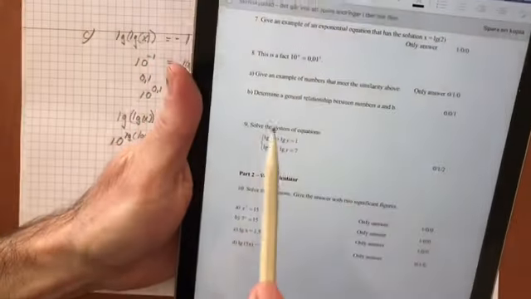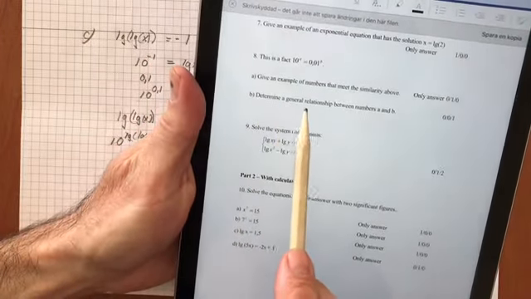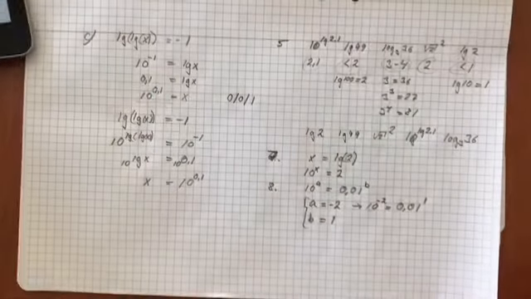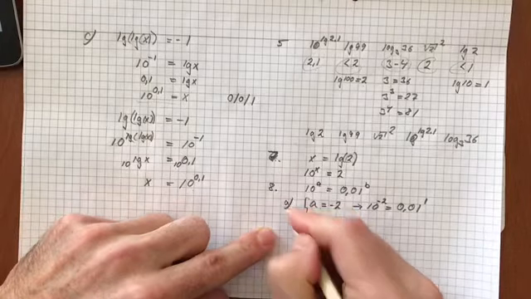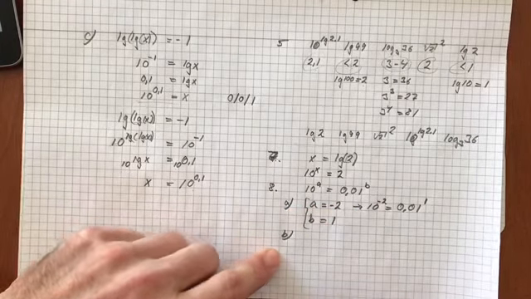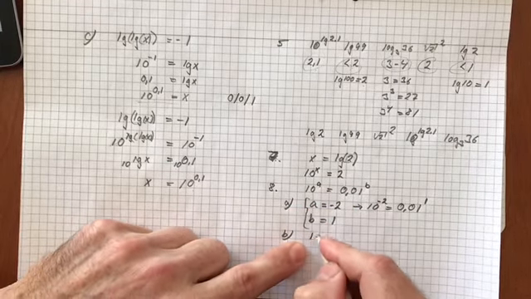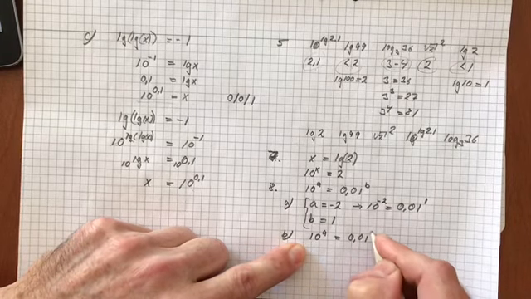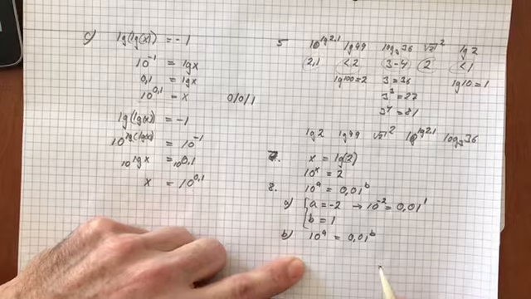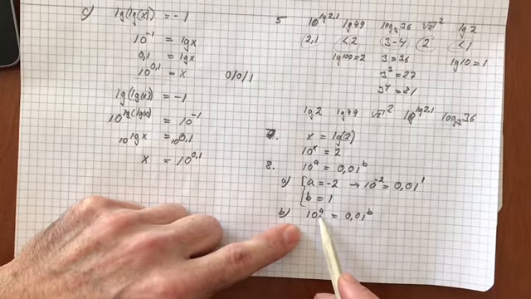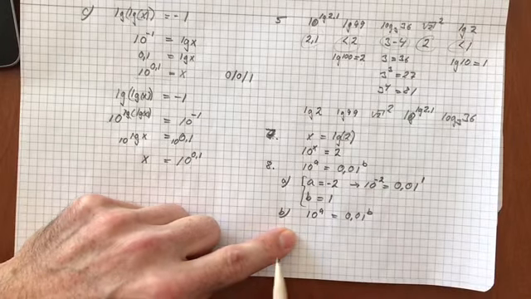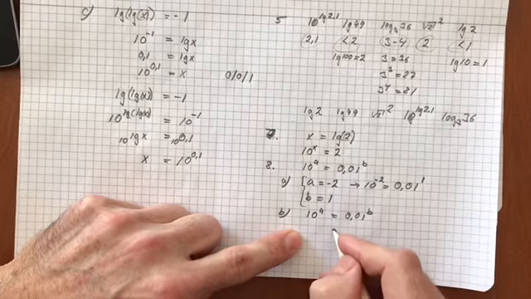So let's look here. Determine a general relationship between numbers A and B. Let's do it like this. 10 to the power of A is equal to 0.01 to the power of B. If you have exponents with unknowns like this, a general law is to take the logarithm of both sides.